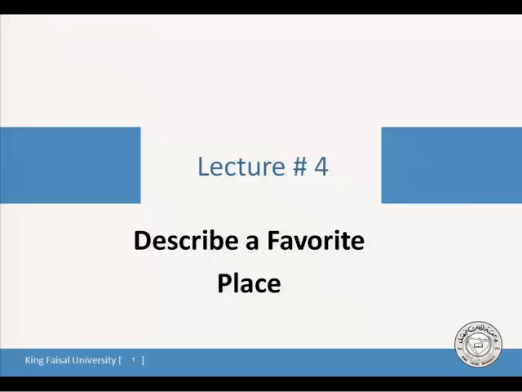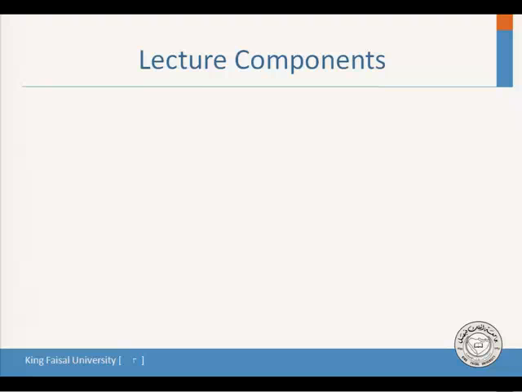The title or the focus of this unit is describe a favorite place. So we will be discussing this unit in 2 lectures. This is the first lecture about describing a favorite place.